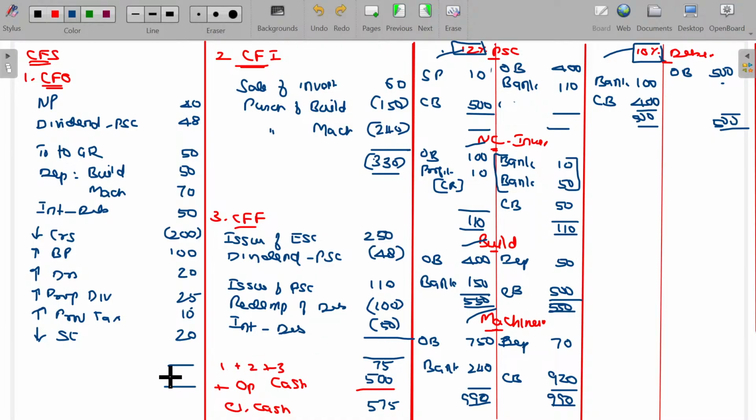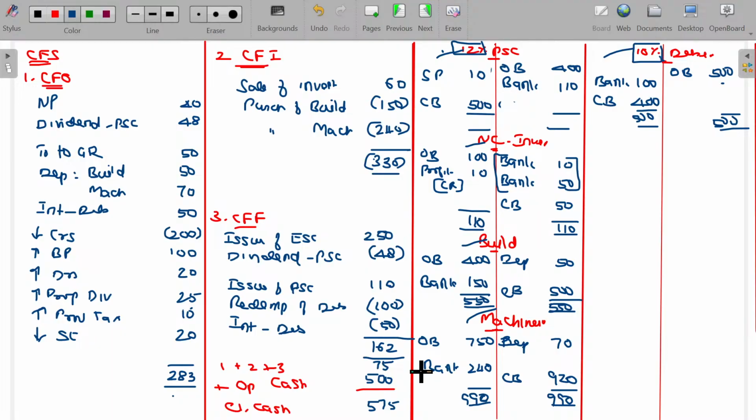This one is 280. 280 positive or negative? 283. And what about here? 162 positive. 283 plus 162 minus 330. How much are you getting? 115.